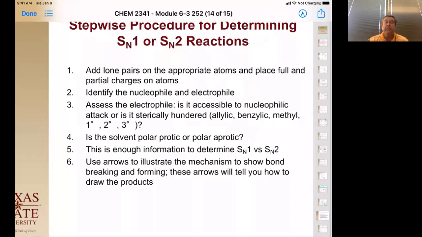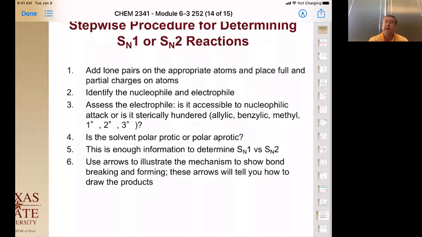Now you look at that electrophile and you say, is it sterically demanding, or are there electronic properties that make it favorable for one thing or the other? So your allylic, benzylic, and tertiaries can form stable carbocations, so that's going to tell you Sn1. Our methyl and primary can't form stable cations.